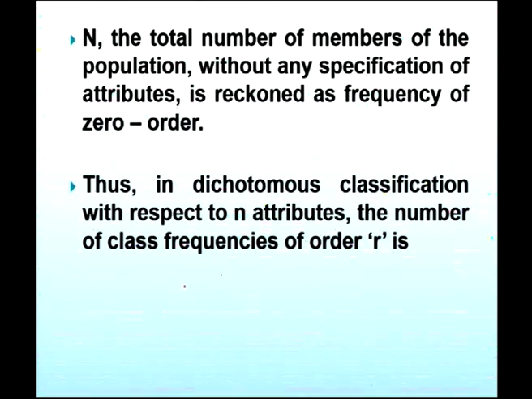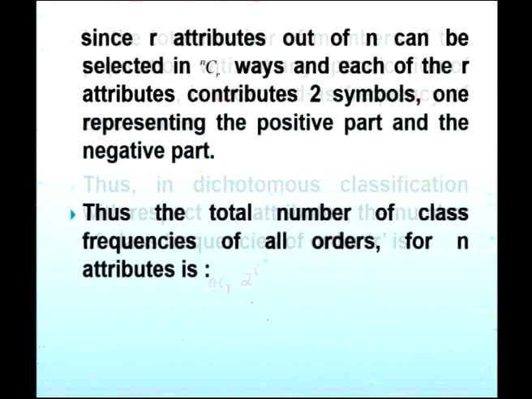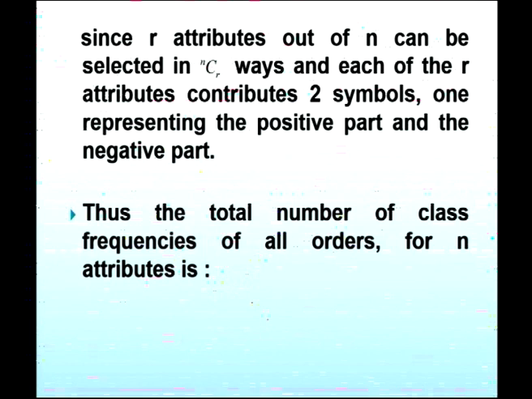Thus, in dichotomous classification with respect to n attributes, the number of class frequencies of order R is nCR times 2 power R. How is this nCR times 2 power R obtained? Since R attributes out of n can be selected in nCR ways.